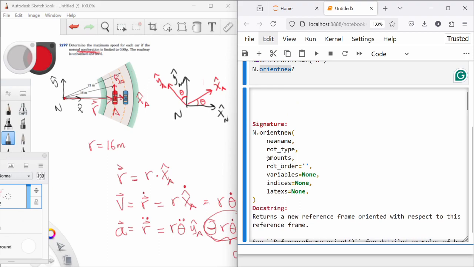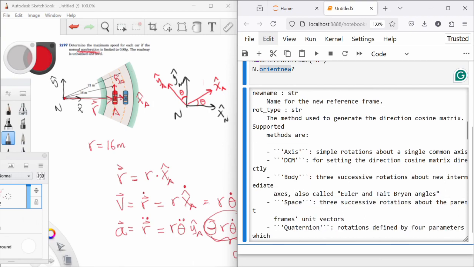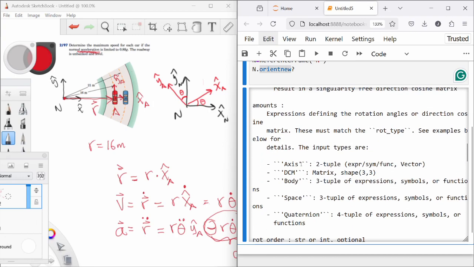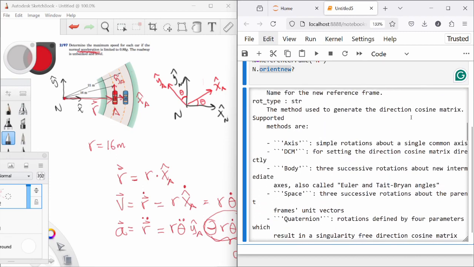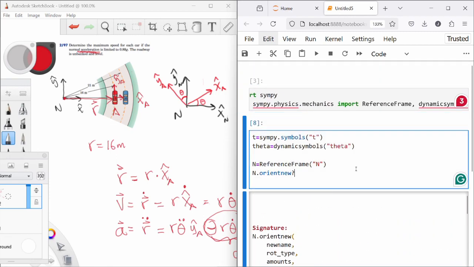Then we do the amount, so how much it rotates, it's rotating with respect to the original frame, and what is the axis, and that is given as a tuple with the expression and the vector, the direction in which the frame is rotating. So there is a lot of information here, but first let's do A, which is the name of the frame.